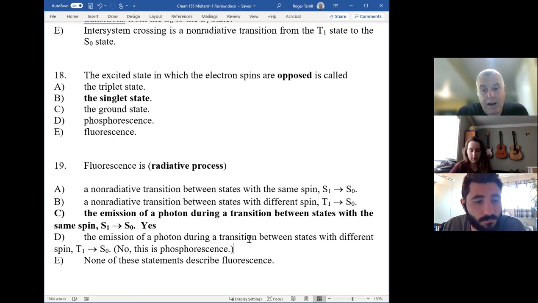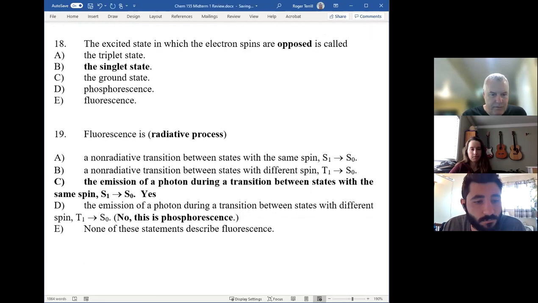In practice, everything with a lifetime of greater than 10 microseconds is called phosphorescence, and it's most likely phosphorescence. But it's an older, somewhat sloppy form again.